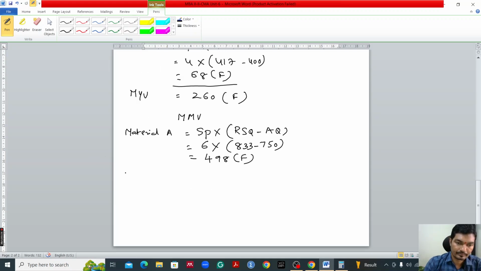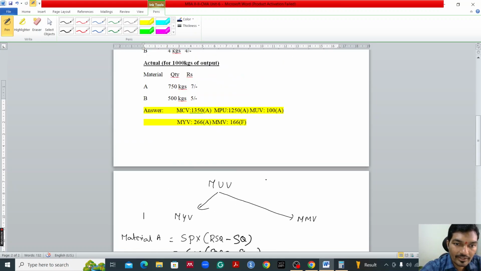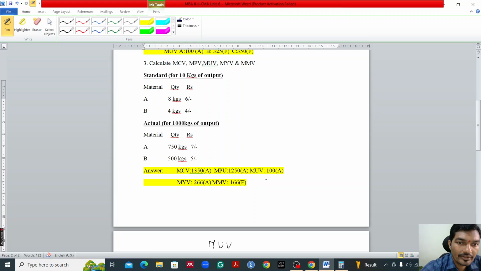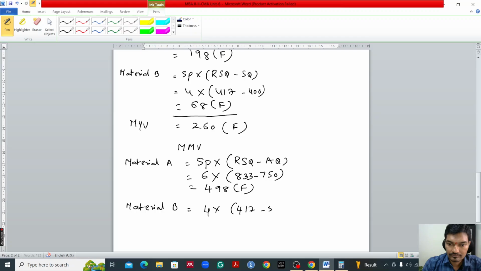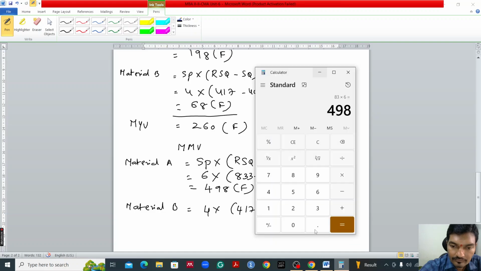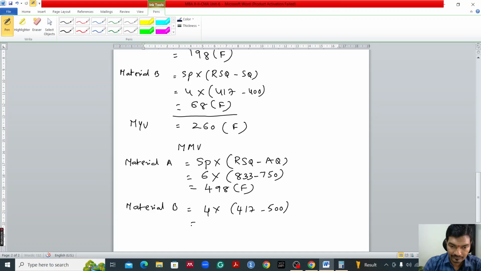Coming to material B, using the same formula, 4 into the revised standard quantity 417 minus the actual quantity 500. 417 minus 500, we are getting a negative value of 332, in adverse, because we got a negative value here.